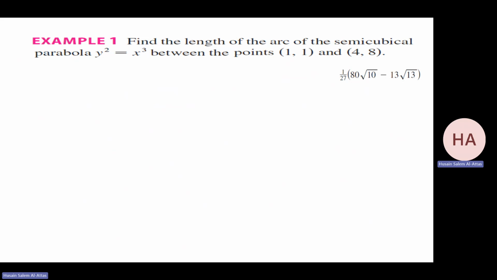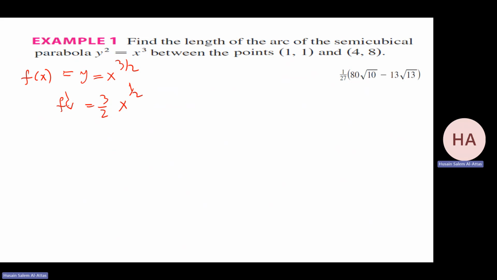Find the length of the arc of the semi-cubical parabola. So I'll do the same thing. I have y equal x to the power 3 over 2. This will be f of x. Y prime will be 3 over 2 x to the power half, which is f prime here.